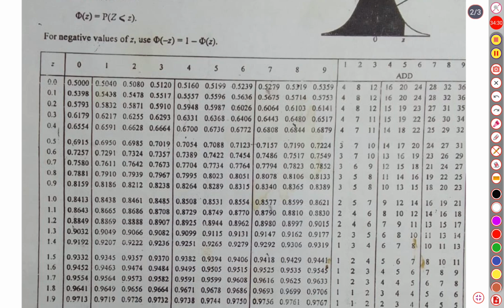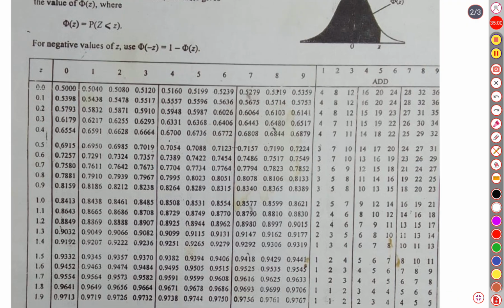So the row is 0.6, the column is 4, and the second column is 9. So our probability is going to be this one, 0.7389, to which we will add these 29. Sorry, I made a mistake.